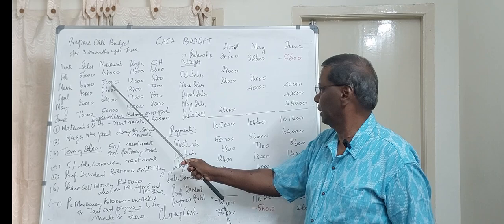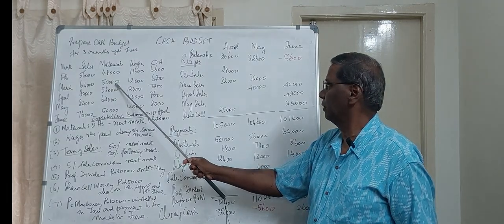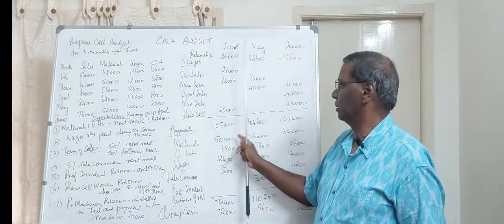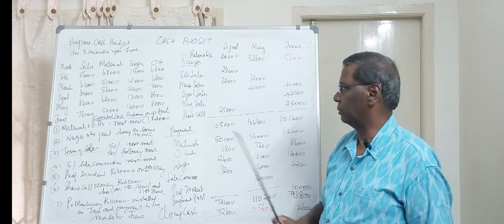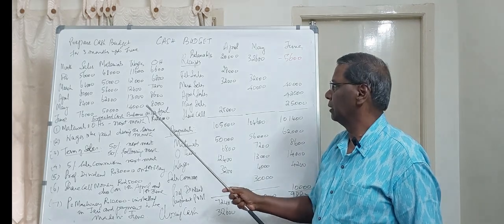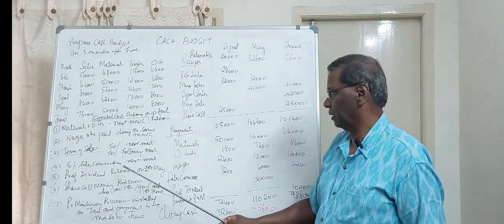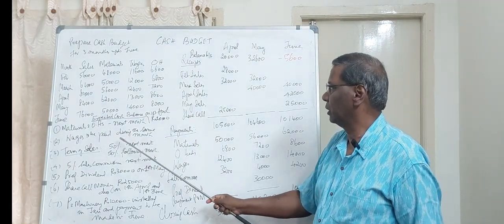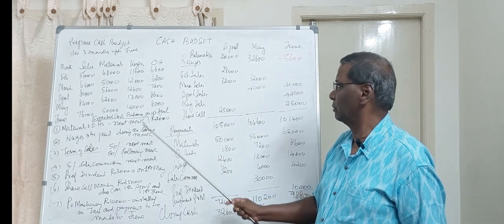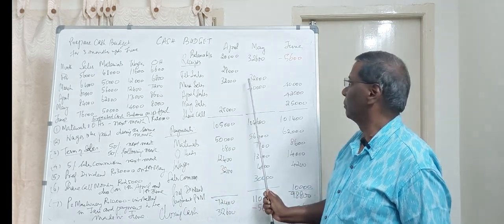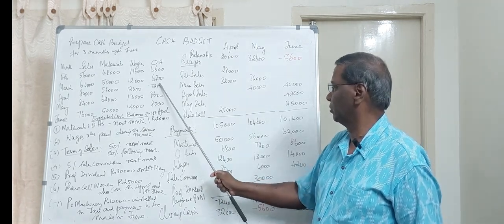March material will come in the month of April. Then overheads have to be paid in the next month only. So for April, what is the March overhead? 6,800.